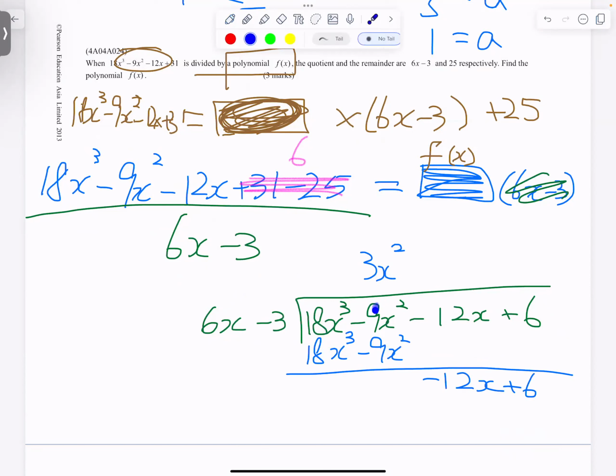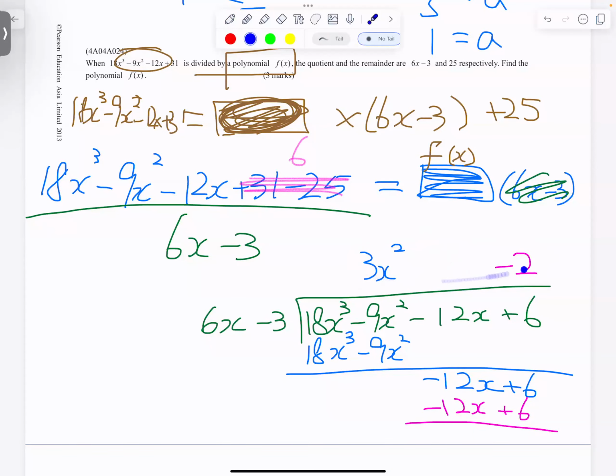Because they are the same, there's nothing to do. So you start from here. 6 times what is negative 12x? 6 times negative 2. Done. And there's nothing in the middle, you don't need to do anything as well.